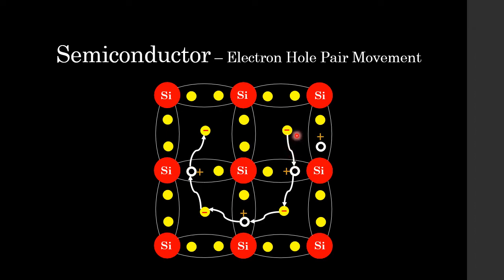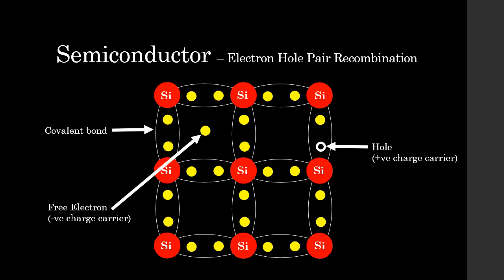And this causes our free electrons to then move into and fill a hole within the valence band. So you can think of it as if I am a free electron in the conduction band, any hole is a goal. And that is how I move through the crystal lattice to wherever I want to go. But note, even though the electrons are moving, the holes are also moving in the opposite direction. And this movement is known as electron-hole pair movement.